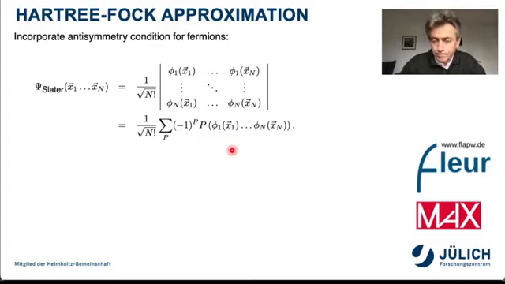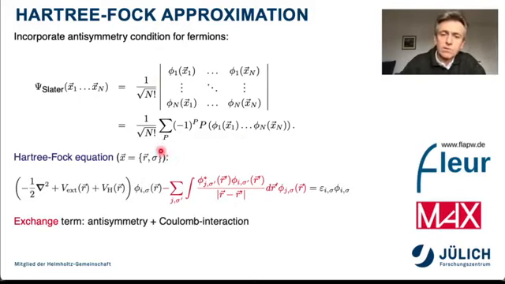And with this more complicated ansatz, you arrive after some math at the so-called Hartree-Fock equation, which now includes not only the spatial coordinate r, but also the spin sigma here.